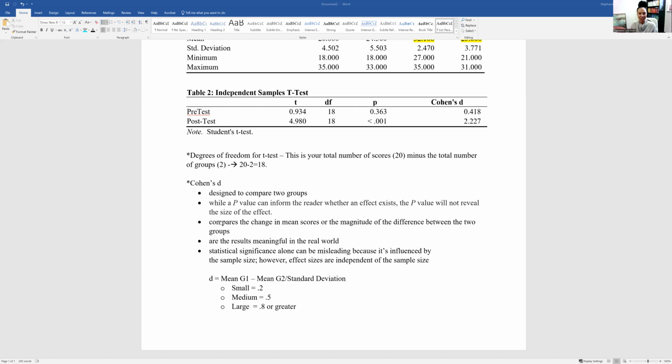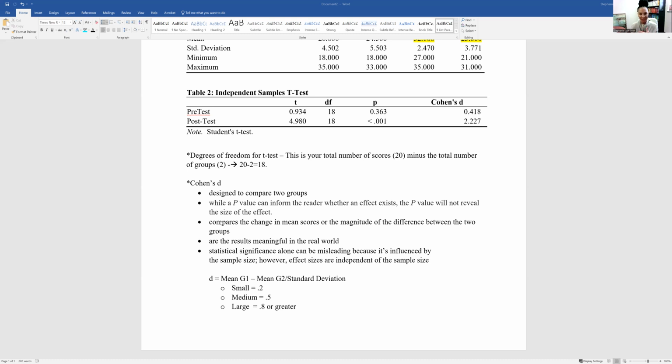So let's say we have a large effect size with our drug trial. So no statistically significant difference between a generic drug and the name brand drug, but we're looking for a medium to a large effect size Cohen's d in that research. So again, the p-value can be manipulated.